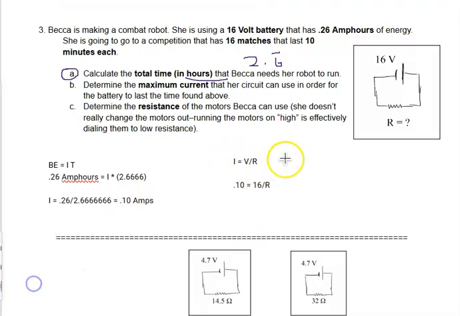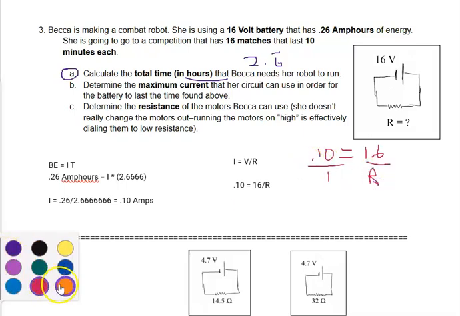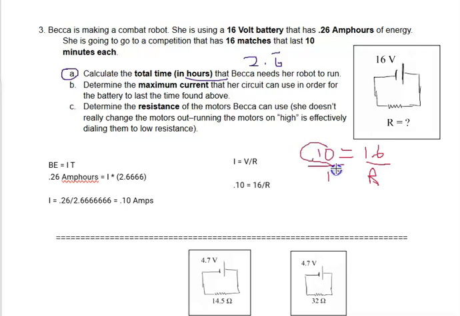So what we have is 0.10 equals 16 over R. We're going to cross multiply. So 0.10 R equals 16 times 1.